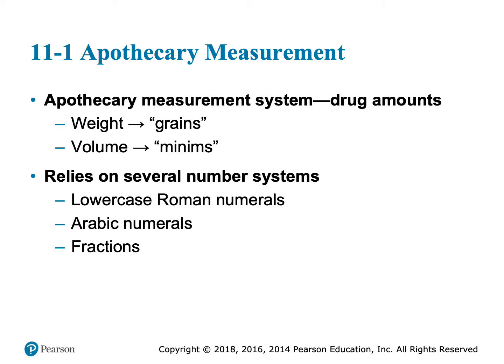Although this system is being replaced by metric units, as discussed, to make the measuring system more uniform and avoid medication errors, we're discussing it because you may encounter the apothecary units of measure, as some physicians still use this system as a matter of habit, right? The old school guys. So until the apothecary system is completely converted over to metric units, you may see labels, prescriptions, and doctor's orders using some of these units that we're going to discuss.